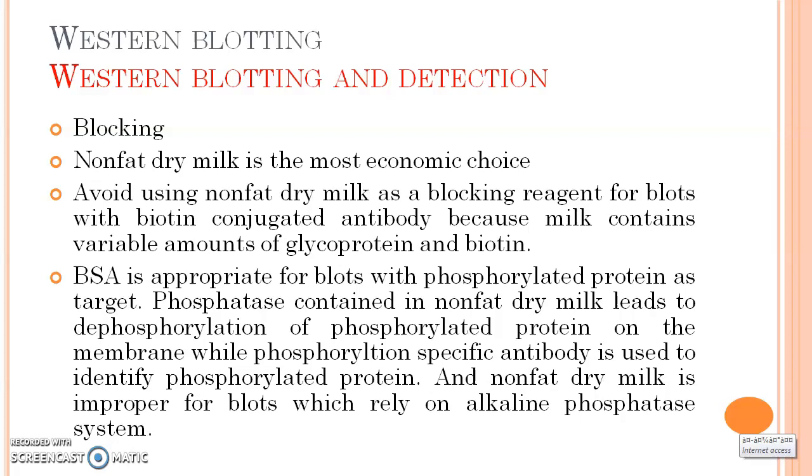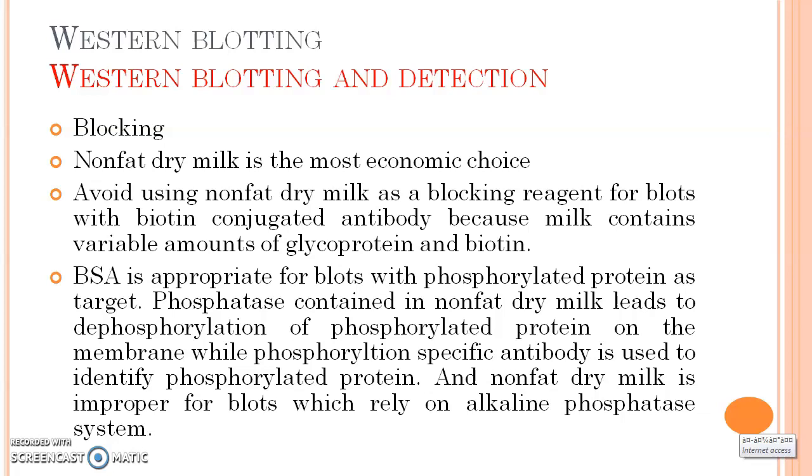Non-fat dry milk is the most economic choice. Avoid using non-fat dry milk as a blocking reagent for blots with biotin conjugated antibody because milk contains variable amounts of glycoprotein and biotin. BSA, bovine serum albumin, is appropriate for blots with phosphorylated protein as target.